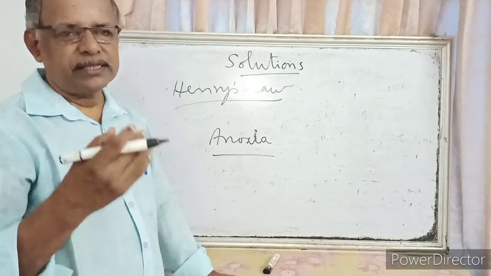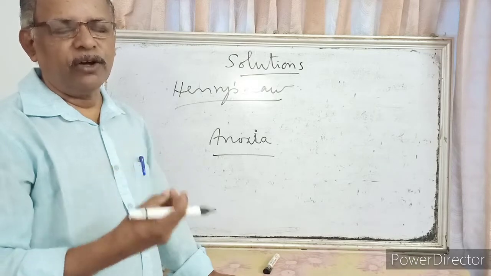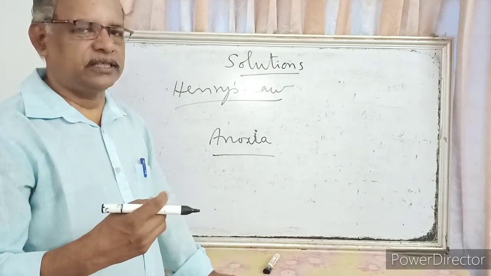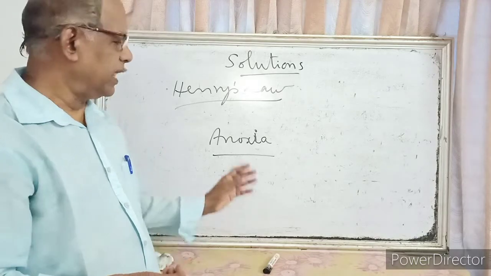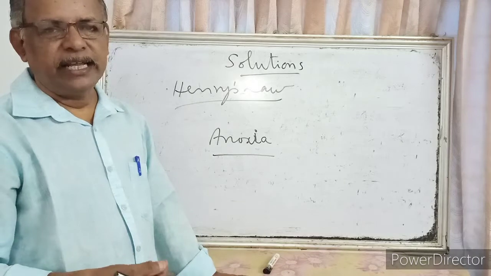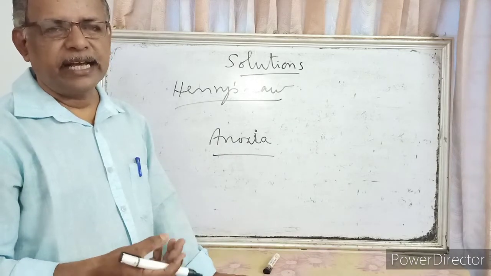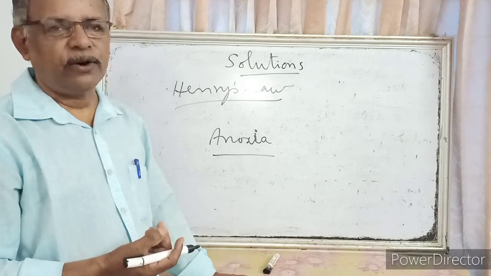When the climbers reach the top, they get a very low amount of oxygen, so the solubility and availability of oxygen is very low. That causes a condition called anoxia, where there will be bleeding from the nose and they cannot recognize things. That condition is called anoxia.